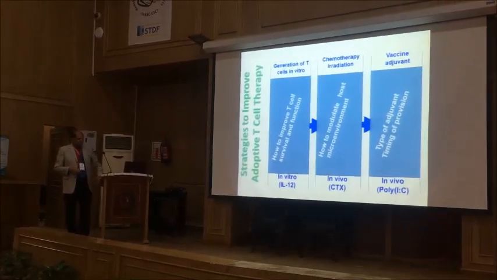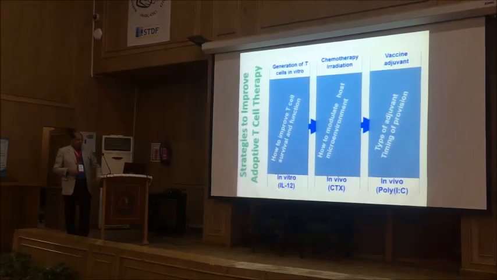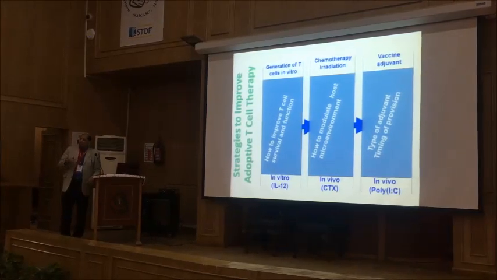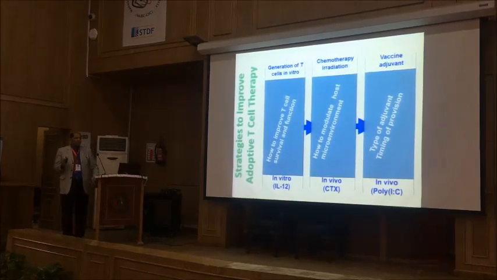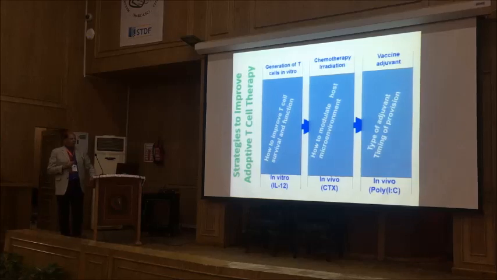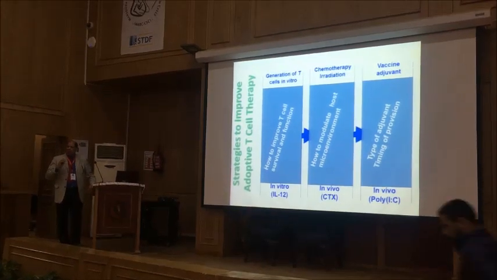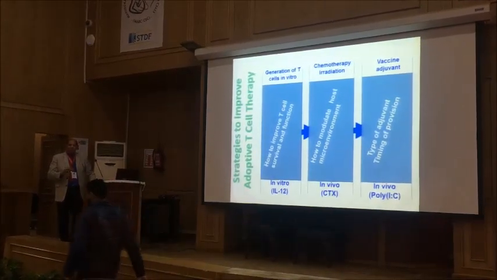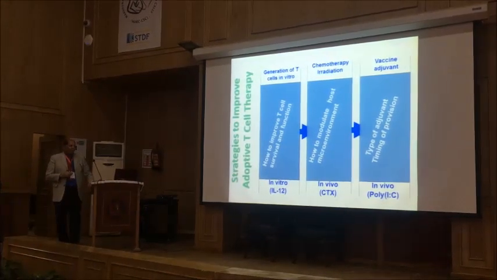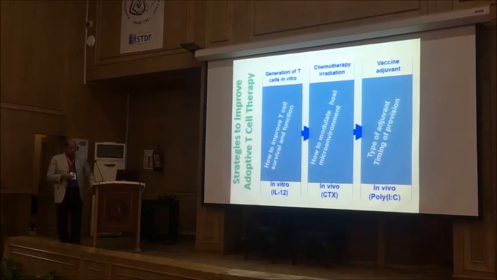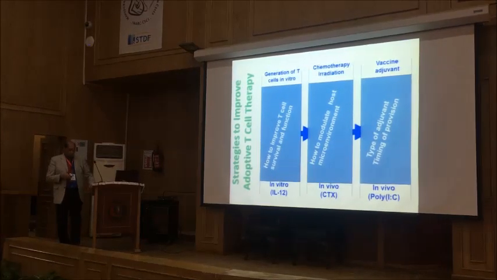We use a different approach using IL-12. In most of the previous studies at NIH and other groups, they used IL-2, IL-7, and IL-15, considering that these cytokines enhance survival and proliferation of T cells, but we used IL-12, and I'll show you fantastic data about IL-12.